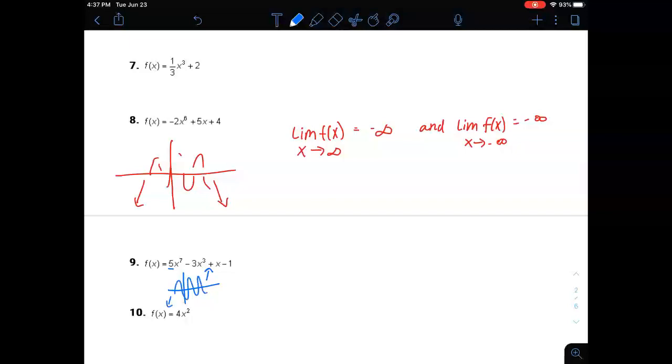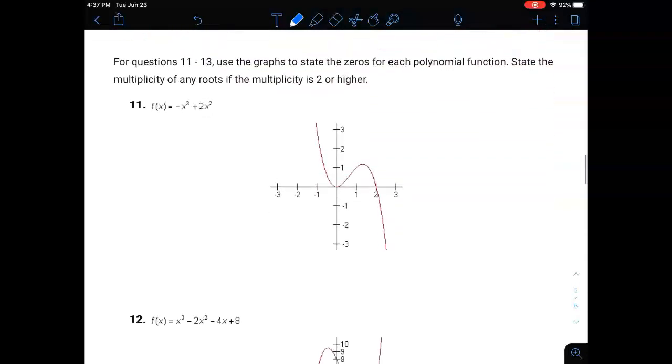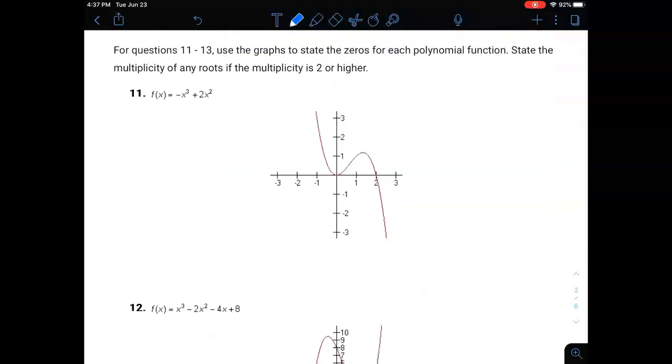Lots of things can happen in the middle, but we don't really care about it when we're just talking about end behavior. So our limit as x approaches infinity is going to equal infinity. And now we have the opposite: when x approaches negative infinity, this is going to equal negative infinity as well. They're opposite behaviors between them because we have that odd exponent there.